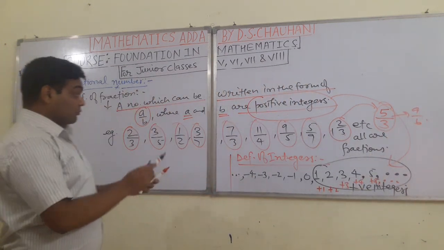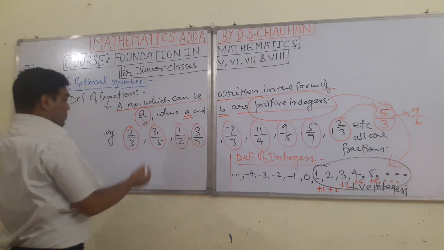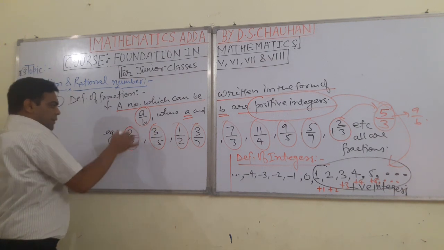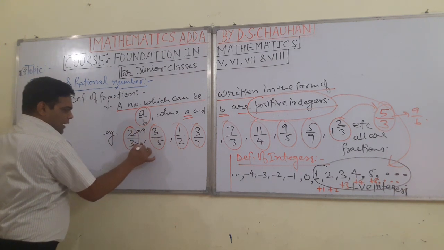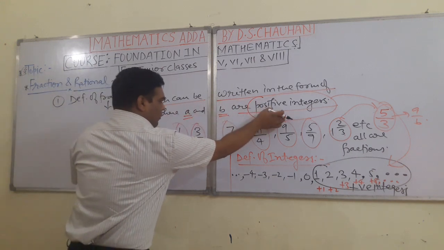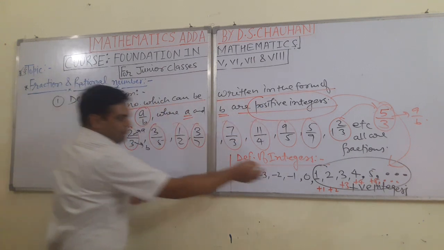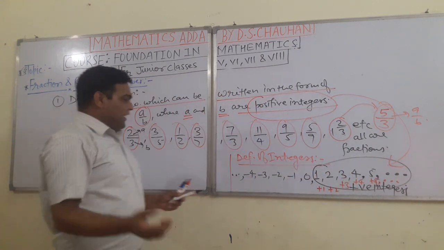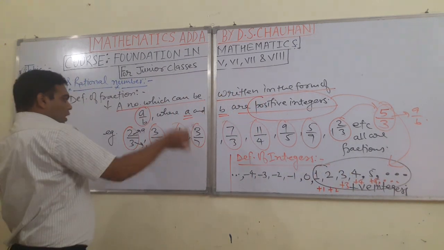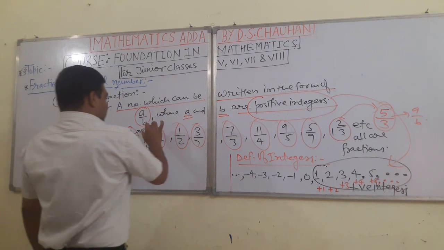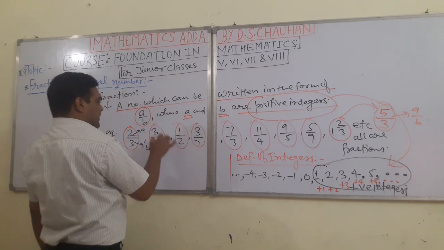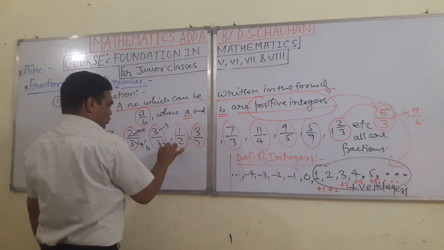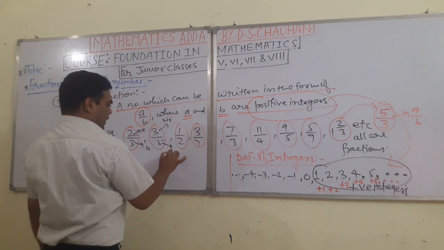Well, students, now see here, since all these numbers are of the form a by b, where a and b are positive integers. See, 2 is a positive integer, 3 as plus 3 is a positive integer. In the same way, in all the given numbers which are fractions, the numerator and denominator both are positive integers.